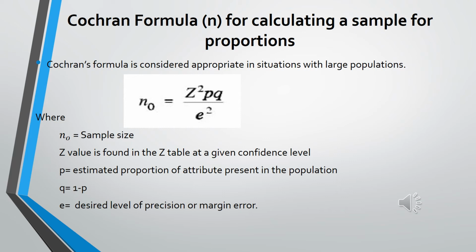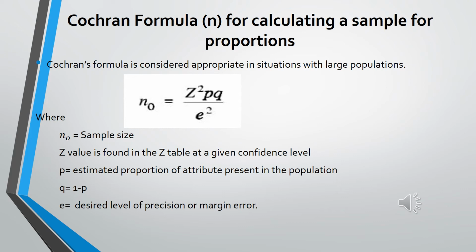and it is appropriate in situations with infinite populations or large populations. It is denoted by n naught, which is the sample size, equal to z squared p q divided by e squared, the square of the degree of precision. Where n naught is the sample size, the z value can easily be calculated or taken from the z table at a given confidence level, and p is the estimated proportion of the attribute present in the population.